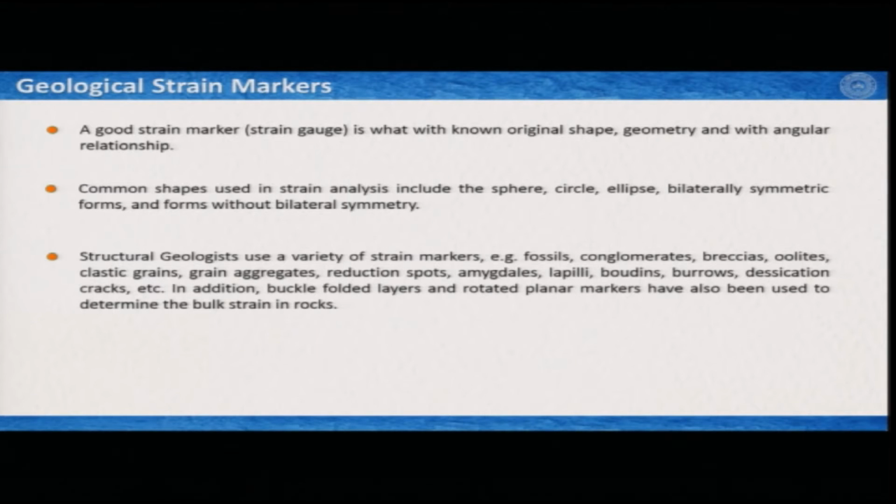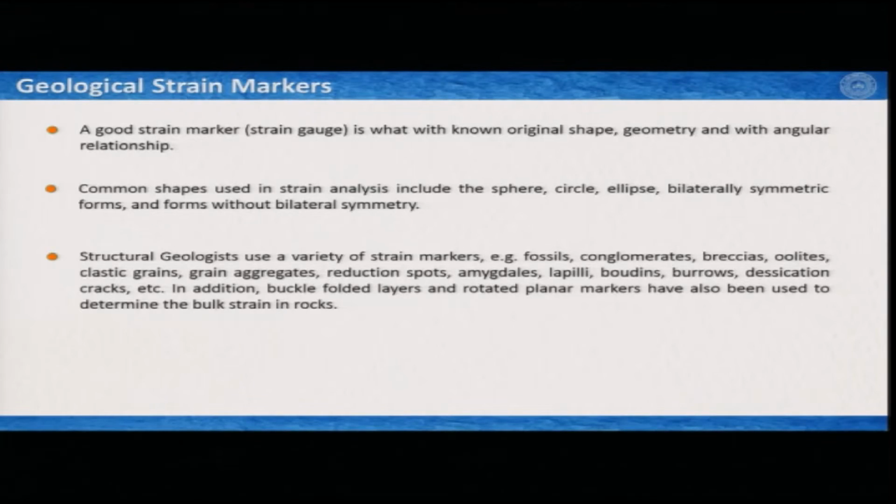You have probably figured out so far that you need a strain marker. If your rock or the scale you are looking at is homogeneous, then it is not a good idea to measure the strain from this rock.